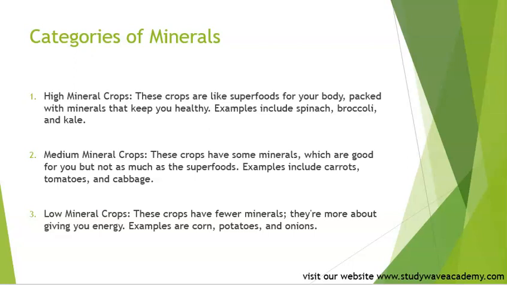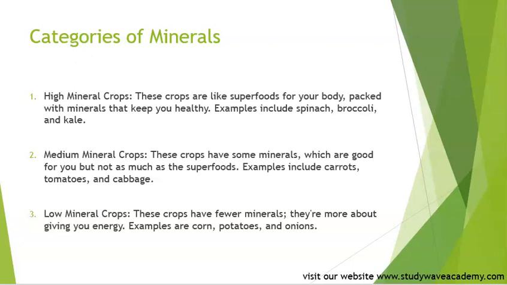Examples include carrot, tomatoes, and cabbage. Then low mineral crops, these crops have fewer minerals. They are more about giving you energy. Examples are corn, potatoes, and onions. So all these crops are classified into their various categories of minerals they provide for us, okay?